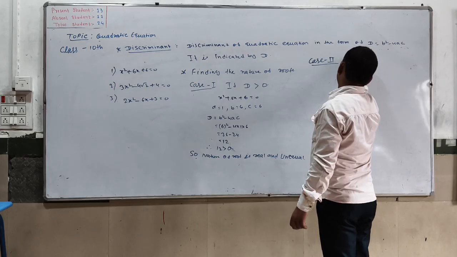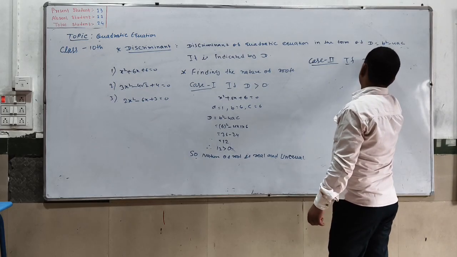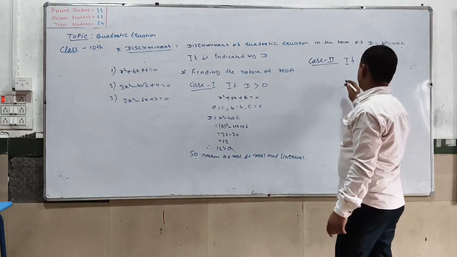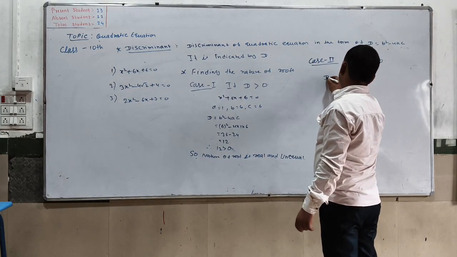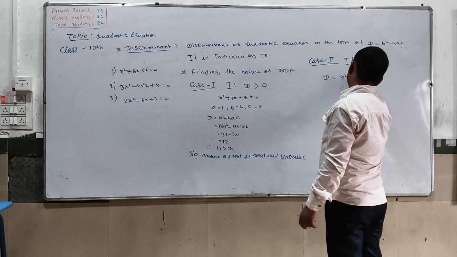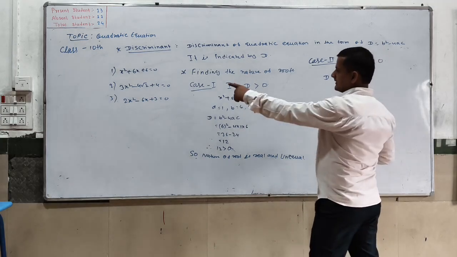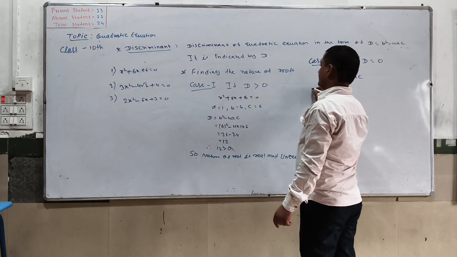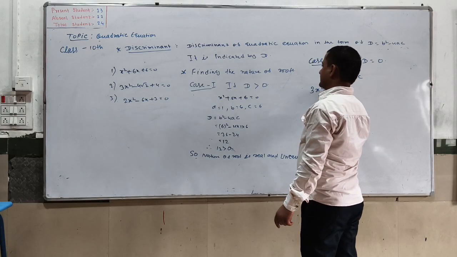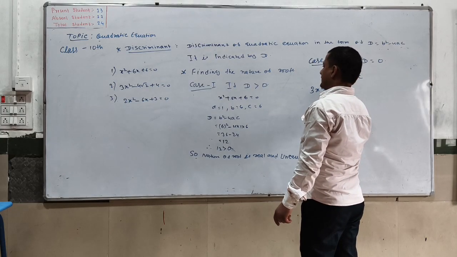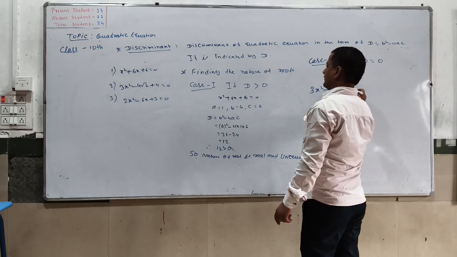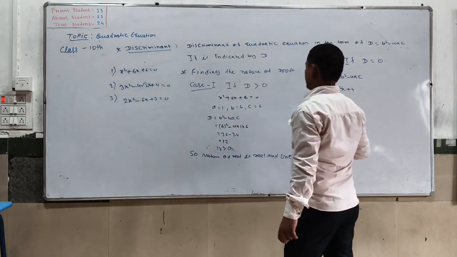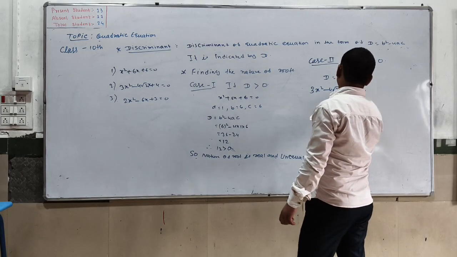The second case is if d is equal to 0. If the discriminant is equal to 0, d is equal to b square minus 4ac. We take the equation 3x square minus 4 root 2 x plus 4 equal to 0.